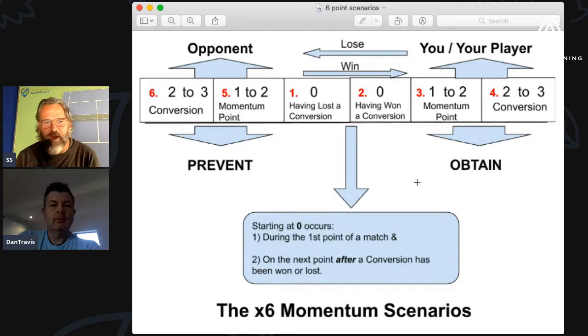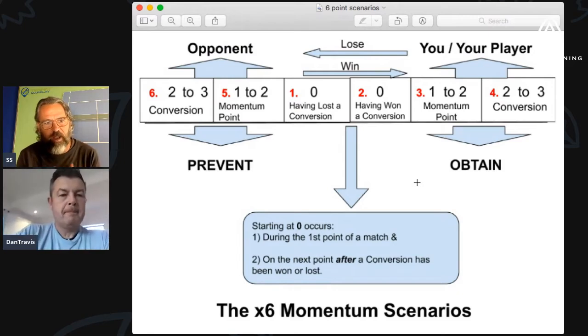If you're not thinking about the momentum score, you're basically just playing by emotion, reaction, and a general plan of what you'd like to see happen. So that's why we quantified momentum as the momentum score, to address the psychological parts of winning and losing, the psychological effect, if you will.